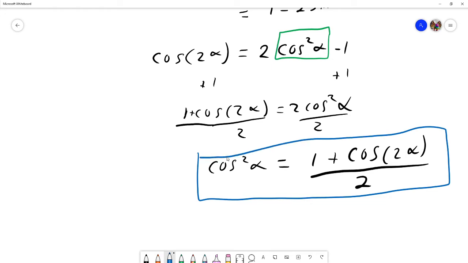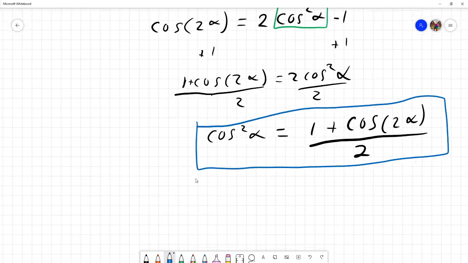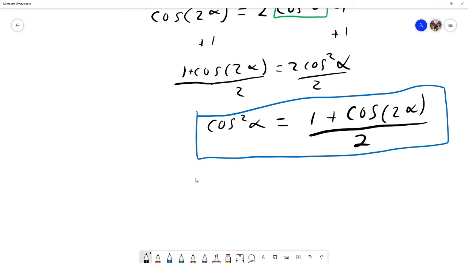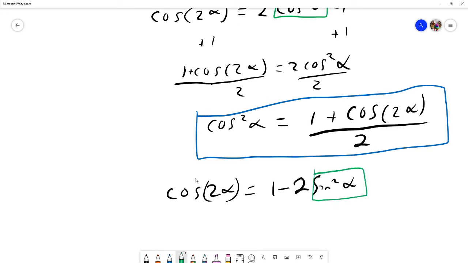And the process is actually very similar for sine. So if we had noticed, cosine of 2 alpha was also equal to 1 minus 2 sine squared alpha. So all we have to do is just isolate the sine squared here, and then we get our nice identity.